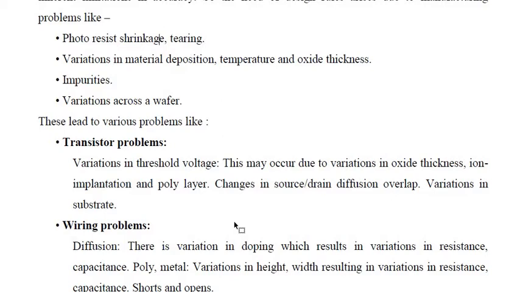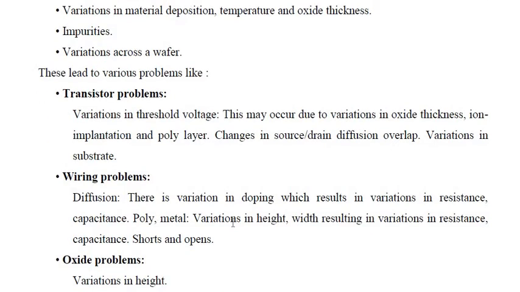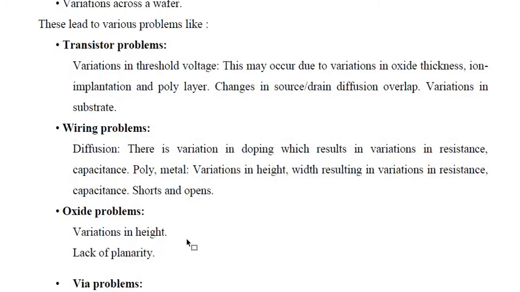The second one is a wiring problem, nothing but your interconnection problems. If you do not have proper spacing, then the connecting wires may overlap, and due to that we won't get proper results. The third one is oxide problems, variations in width and lack of planarity. Width and height are important aspects when you are going to prepare a transistor.